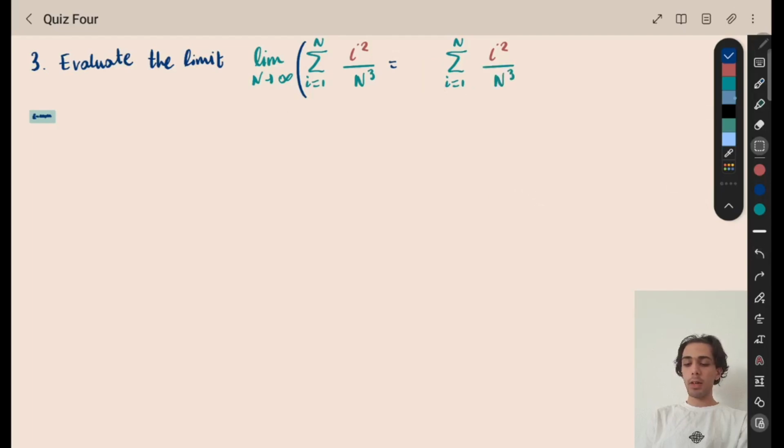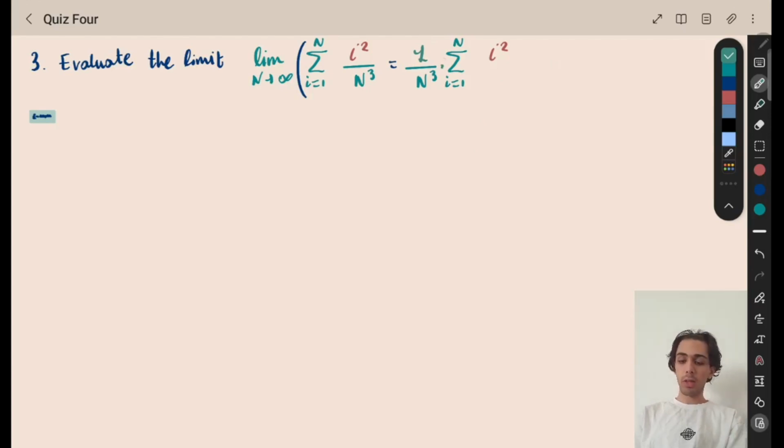If I divide every term in this sum by n cubed, then I can just sum all terms in this sum and then divide by n cubed. So it's the same thing. I am allowed to take n cubed outside of the sum.